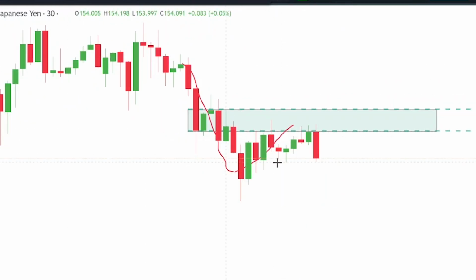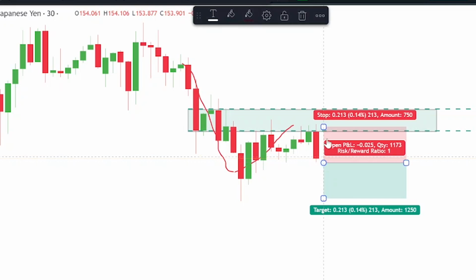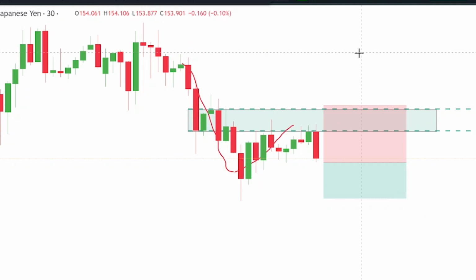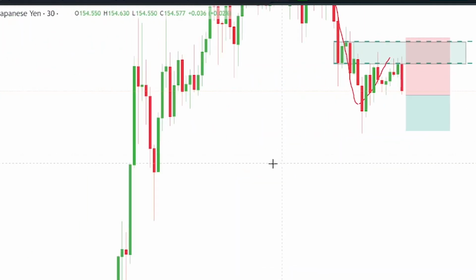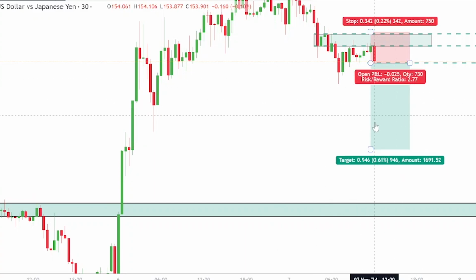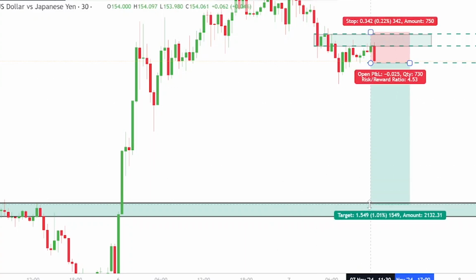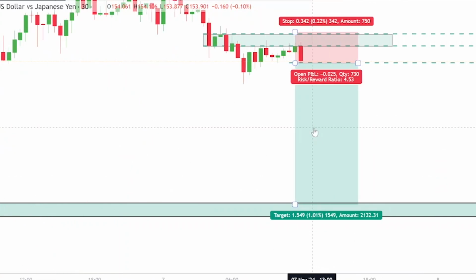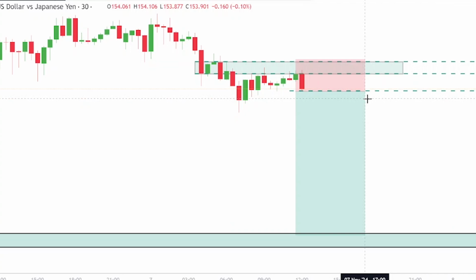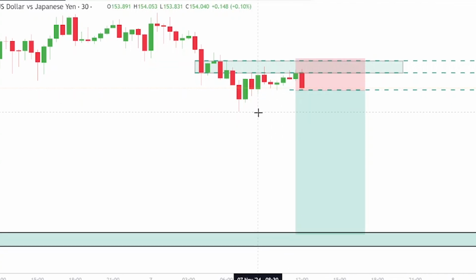After that confirmation, I'll be entering from this area, with the stop loss above the previous high, anticipating the market to continue. The stop loss is from this area. So now I would like to see the candlestick first making a high before we start making a low. So let's see what happened.